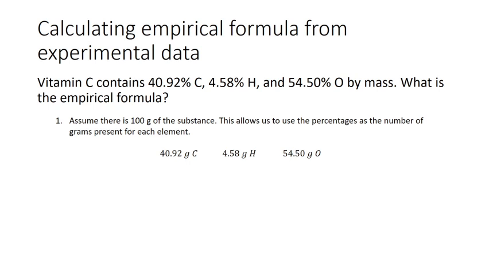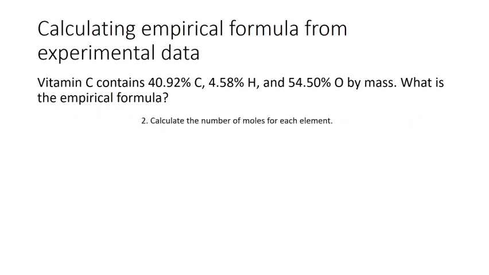Because if the total mass is 100 grams, then 40.92 grams of that is carbon, 4.58 grams is hydrogen, and 54.50 grams is oxygen of that 100 grams of the substance. This makes things a lot easier, so we just always assume that there's 100 grams of the substance. So that's step number one.